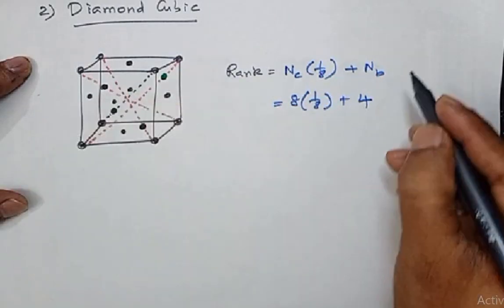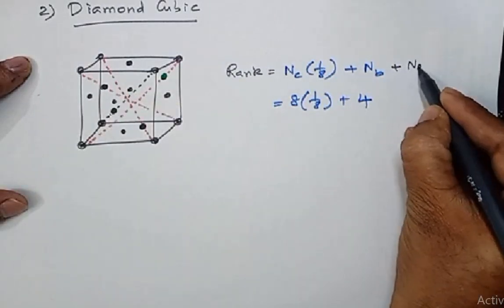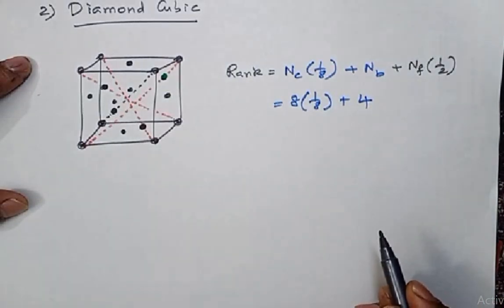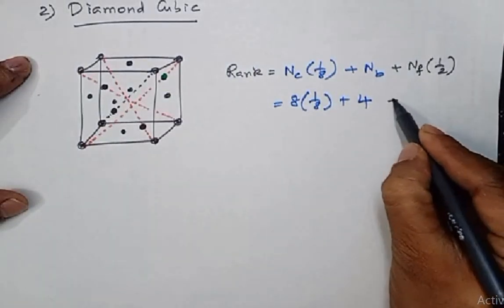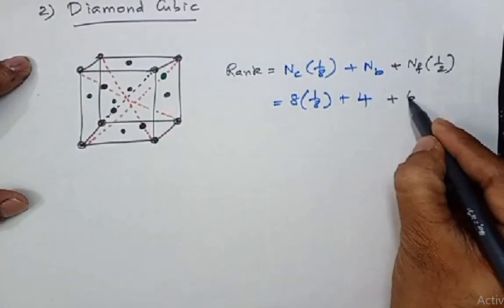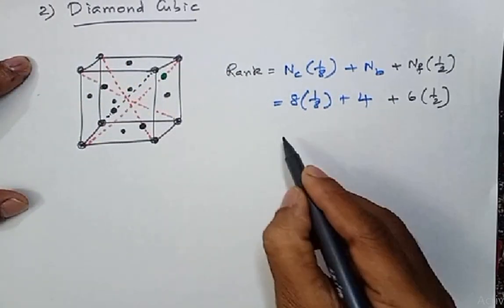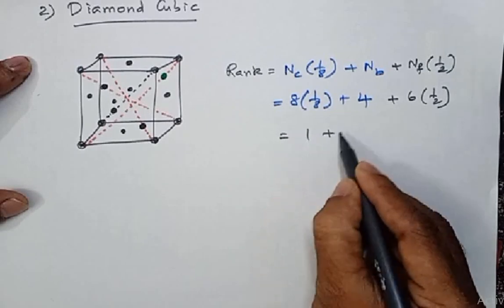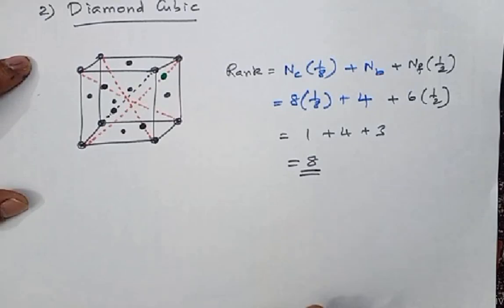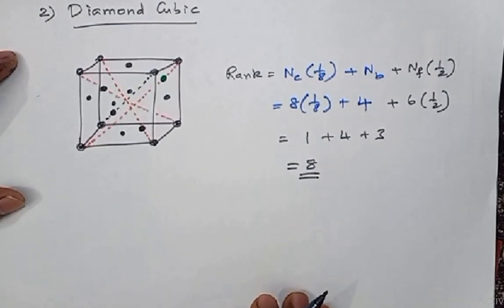Each face center is shared by 2, so NF into 1 by 2. For a cube there are 6 faces, so 6 into 1 by 2, right? So what we get is 1 plus 4 plus 3, we get 8. Rank of diamond cubic is 8.